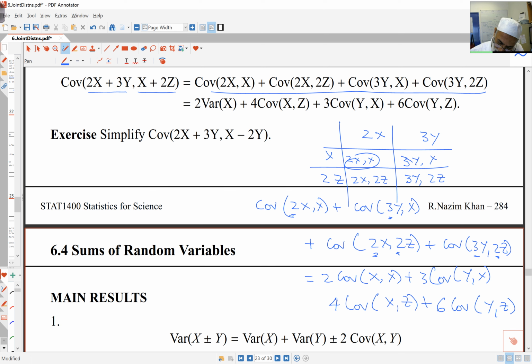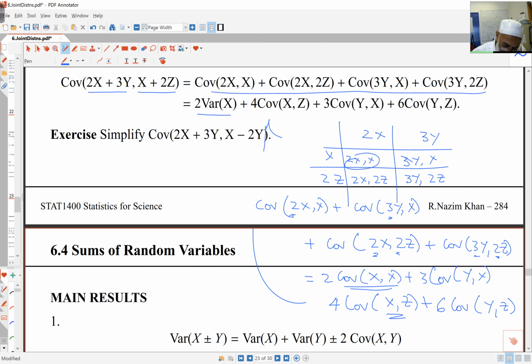Y with X, Y with Z and X with Z are all different. But the covariance of X with X, as I saw earlier from my rule, is the variance of X. So my result in the end is twice the variance of X, plus 4 times the covariance of X with Z, plus 3 times the covariance of Y with X, plus 6 times the covariance of Y with Z. So that's how this works.